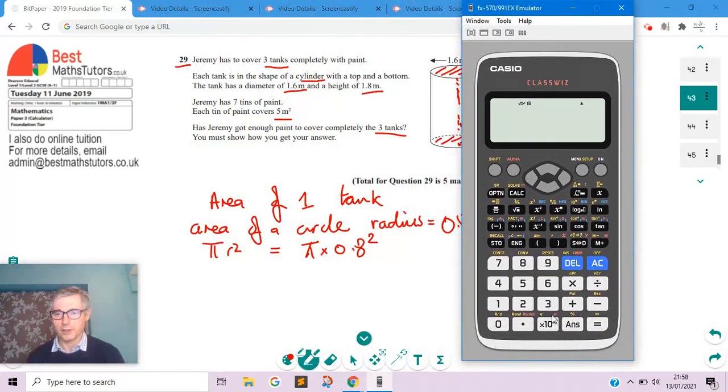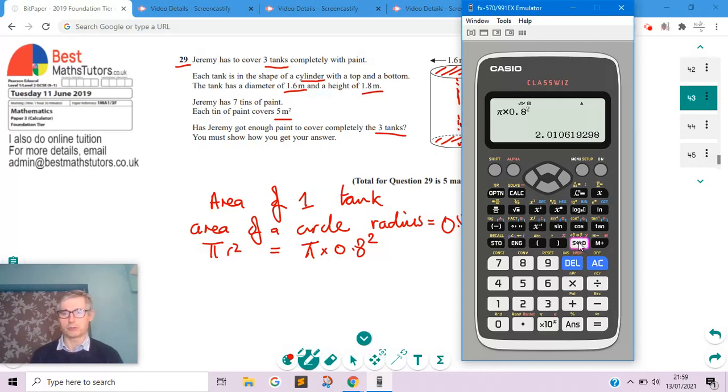I've got a pi button at the bottom there. So if I go shift and then pi, you can see it's there, times 0.8, and I've got a square button there, so I can just do that. Okay, so that's giving my answer in terms of pi, which can be a little bit confusing.